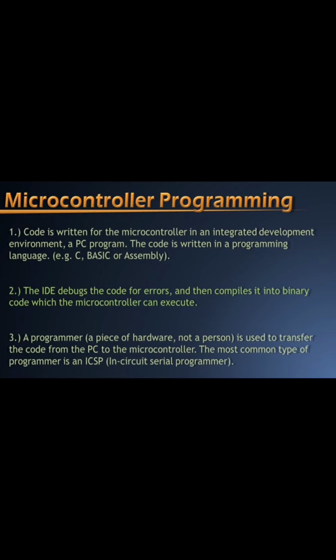A programmer is a piece of hardware, not a person. It is used to transfer the code from the personal computer to the microcontroller. The most common type of programmer is an ICSP, an in-circuit serial programmer.